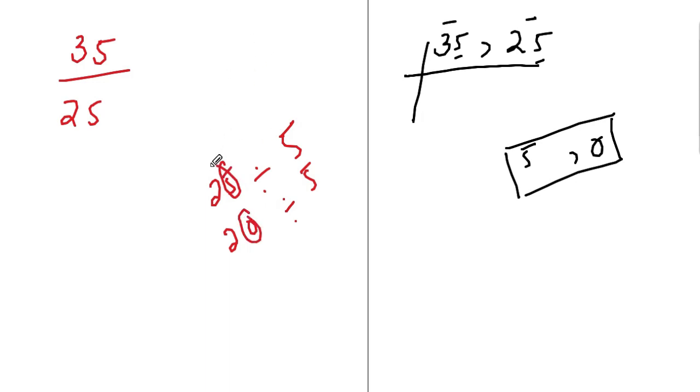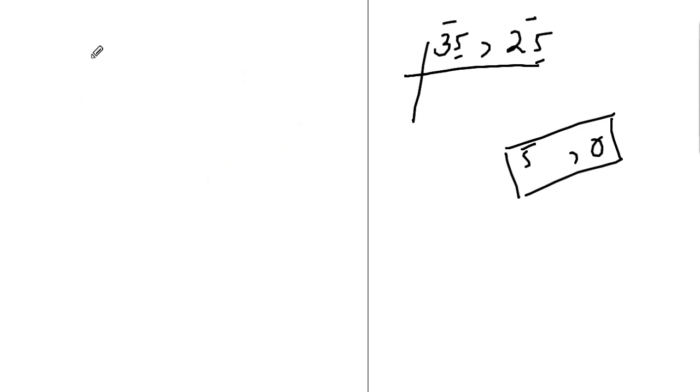If I say that this is a number 255, this can also be divisible by 5 because it has 5 at the end. In the same way you can divide 250 by 5 because it has 0 at the end. Understand?